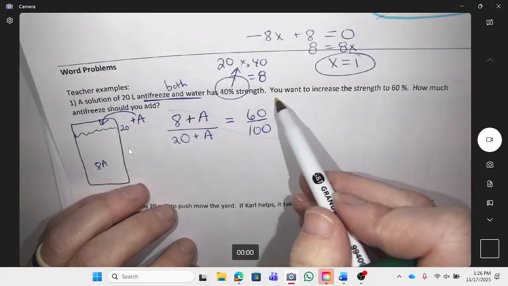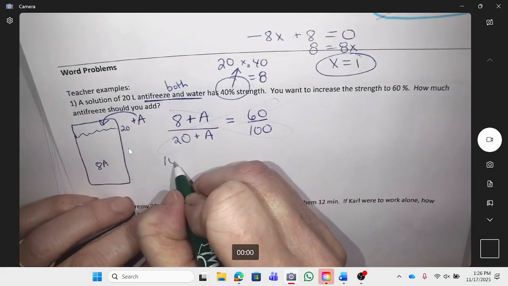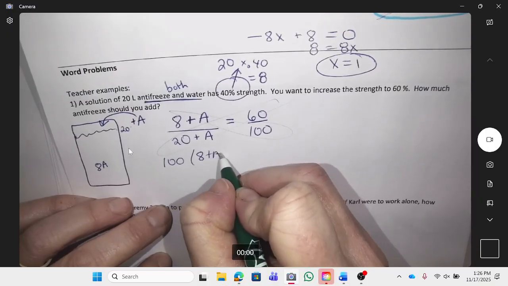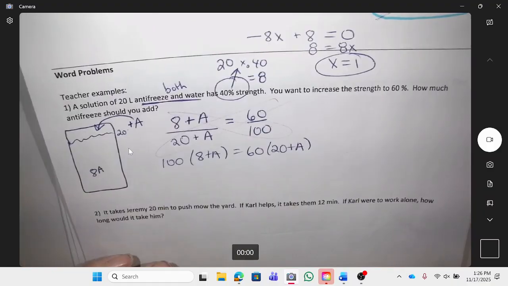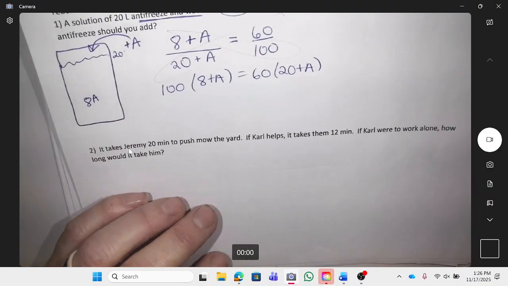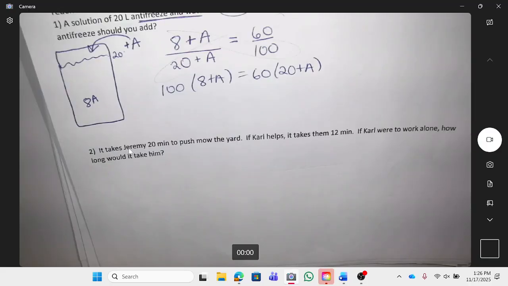So this times this. The rest is grade 10: distribute, collect, right? So go for it. You got it on your own. Distribute it, collect it.